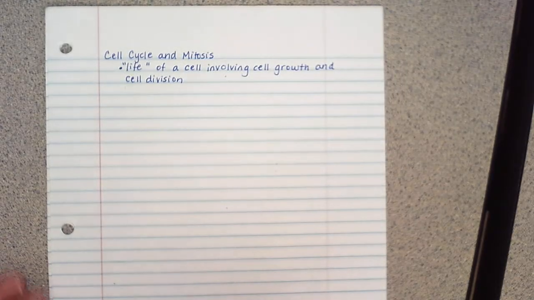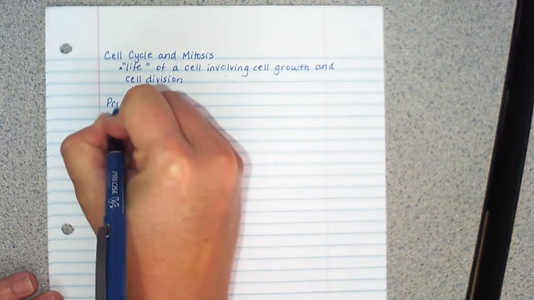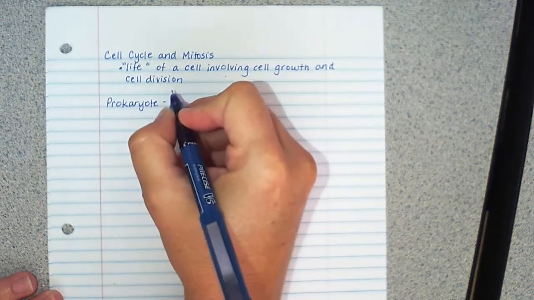So let's first start by identifying very quickly that this process is slightly different depending on what kind of cell you're looking at. In a prokaryote, this is called binary fission.